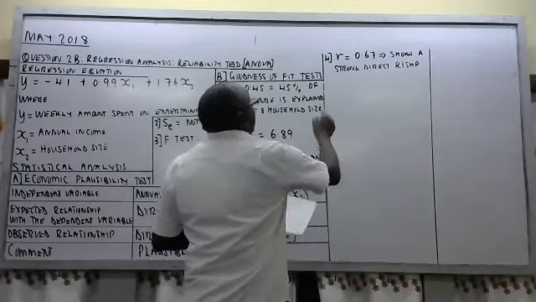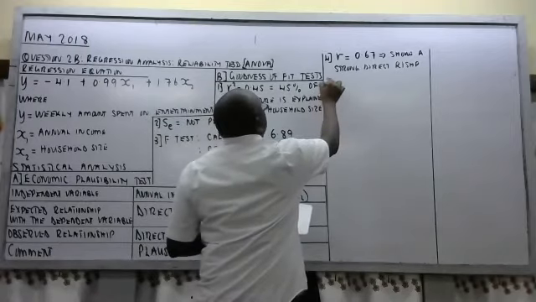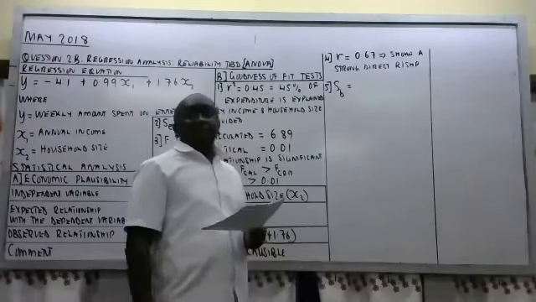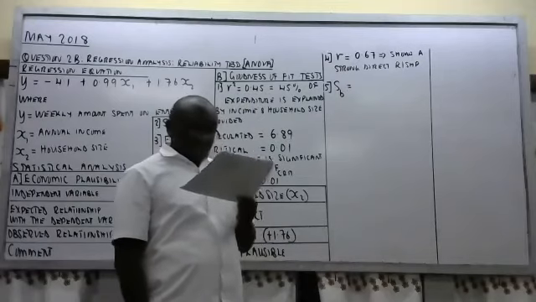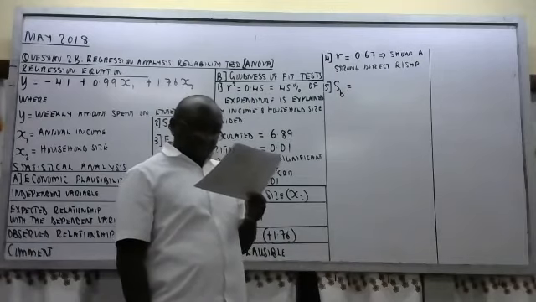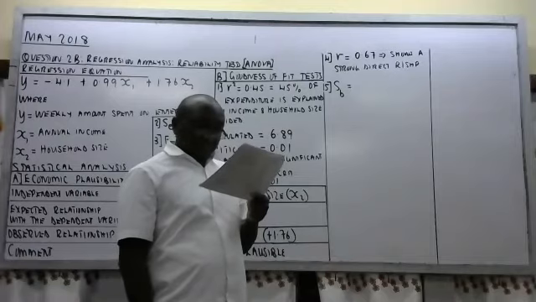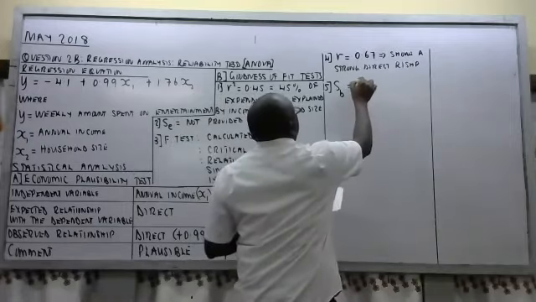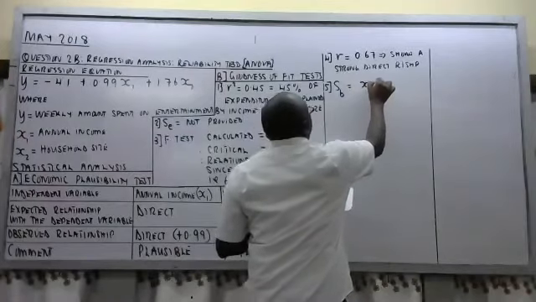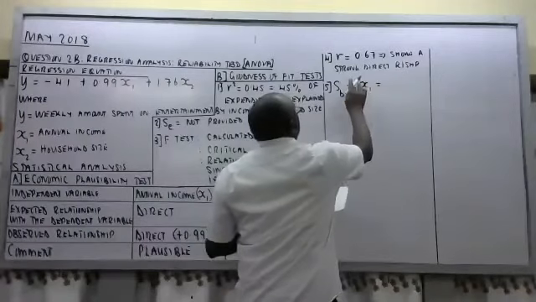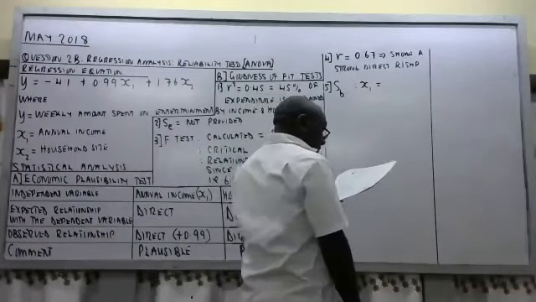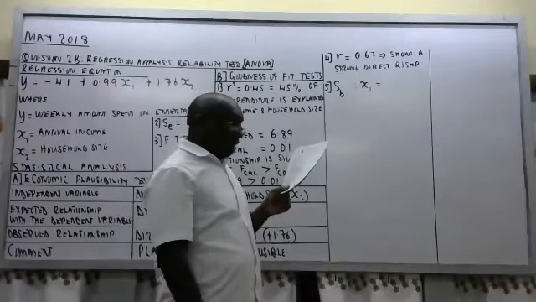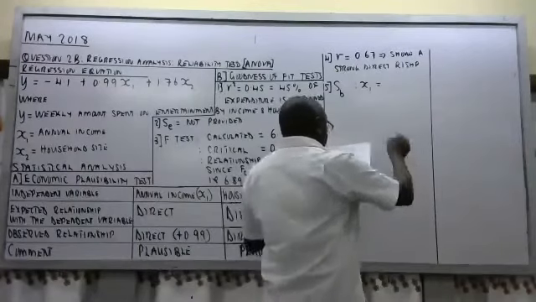The next one is number 5, which we call SB. Now SB for X1. If you go to the katikati, you can see income equal to 0.31.